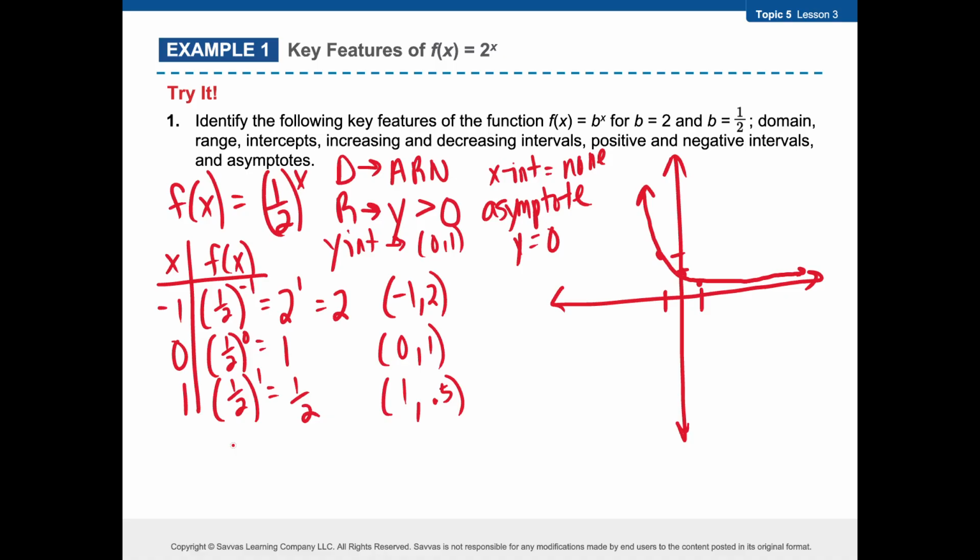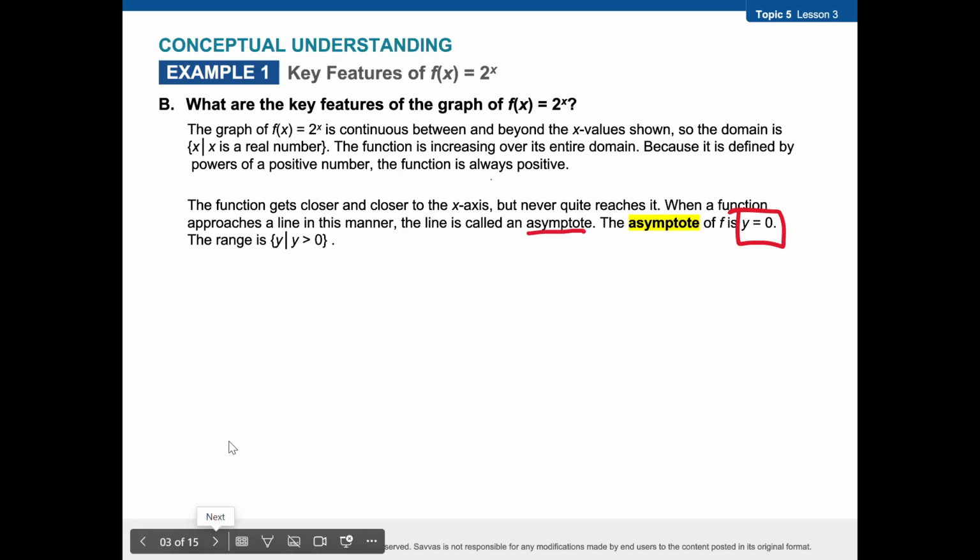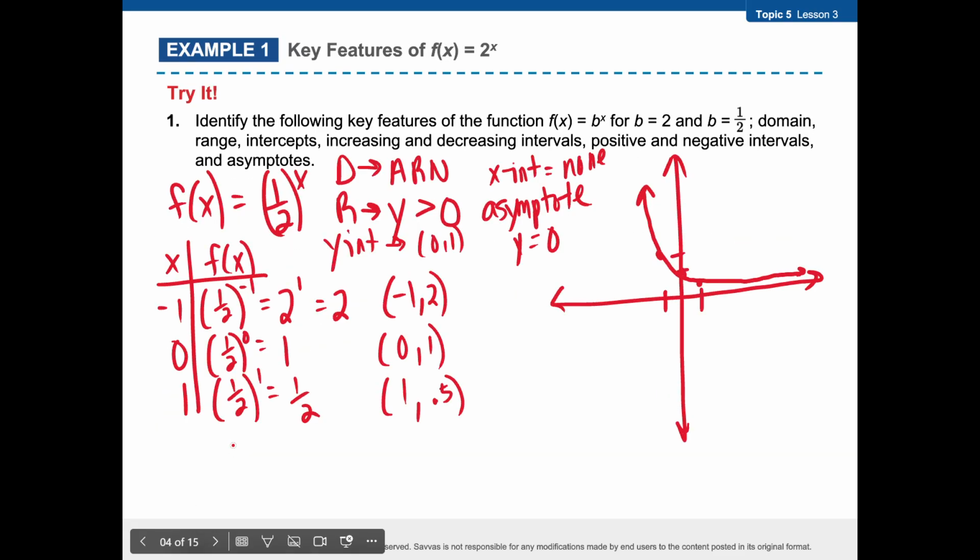And notice how when b was greater than 1, your graph is still above the x-axis, but it's increasing. And now this one, when your b value is less than 1, it's decreasing. So this would always be decreasing.